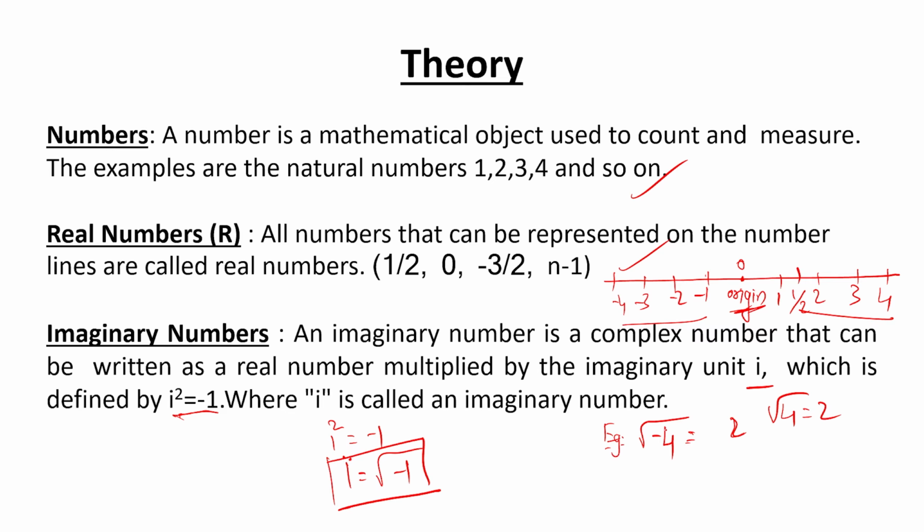Since it is -4, if we take the square root of 4, which is 2, there will be the root of -1 left. We are simply going to write this square root of -1 as i.